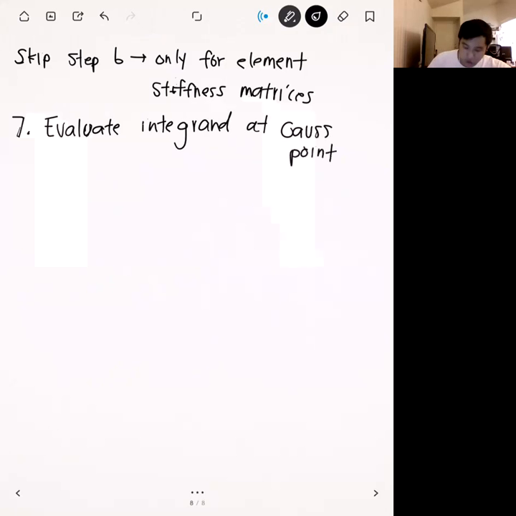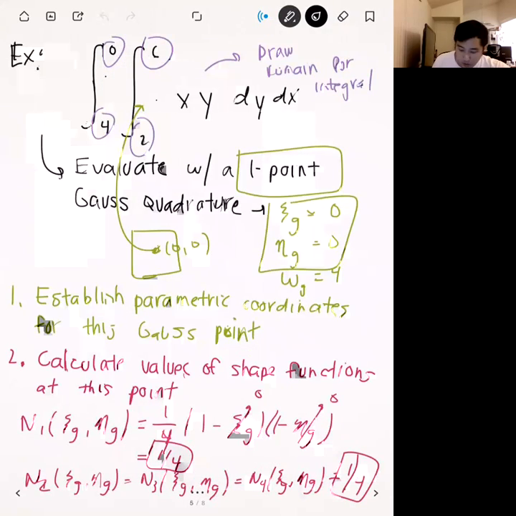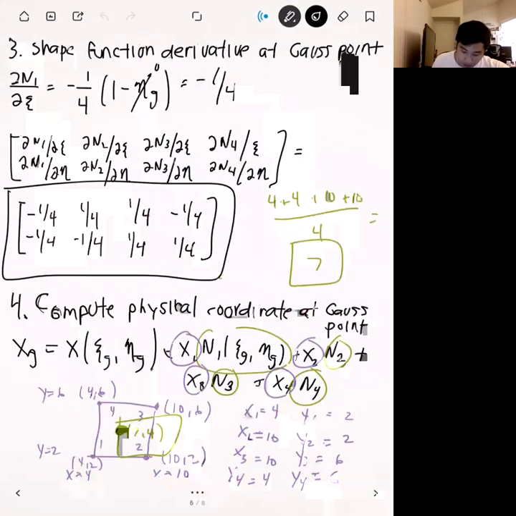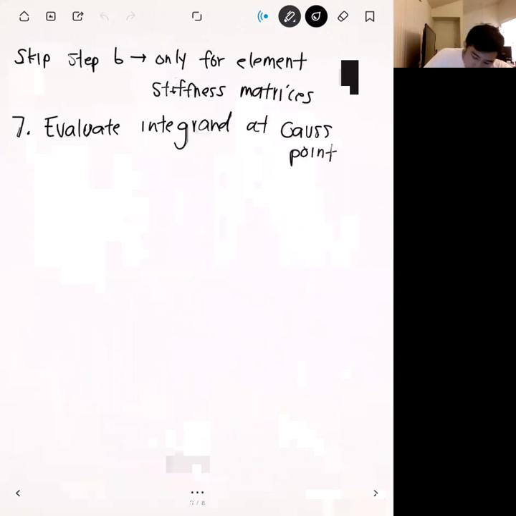If you remember back from the start of our problem, our integrand here was just x times y, and our xg and yg was 7, 4. So let's write that down. The integrand is simply x comma y, and this is from the problem.